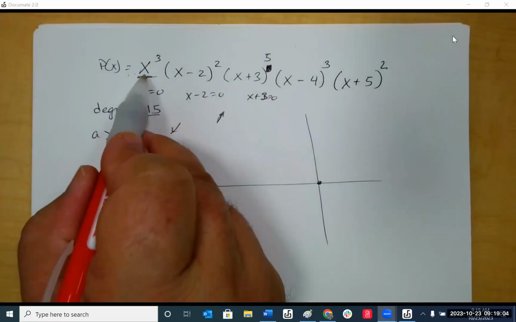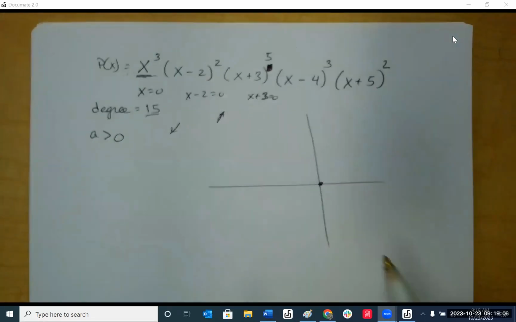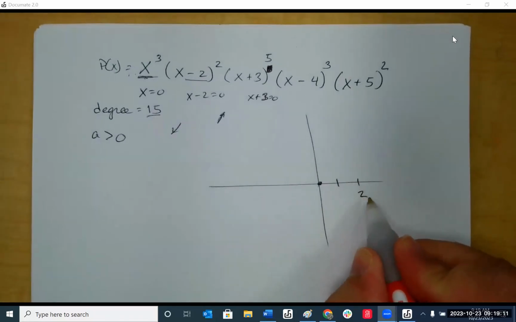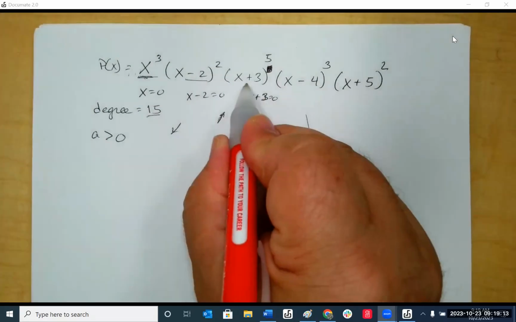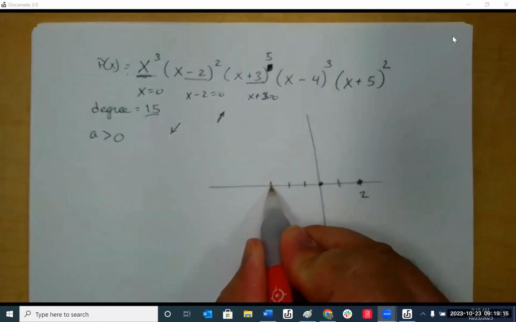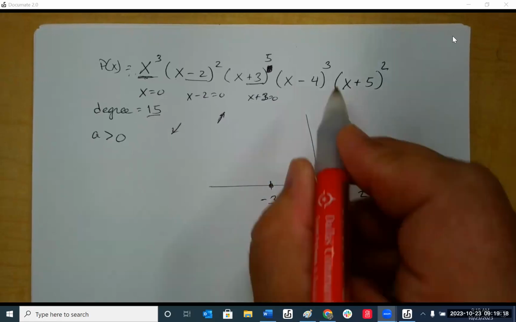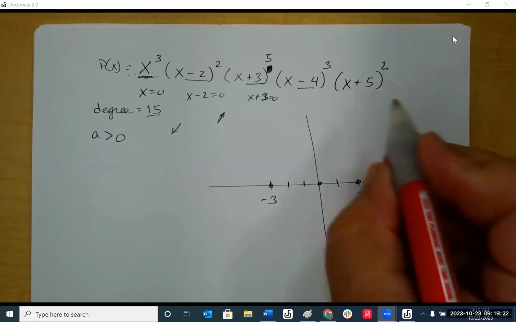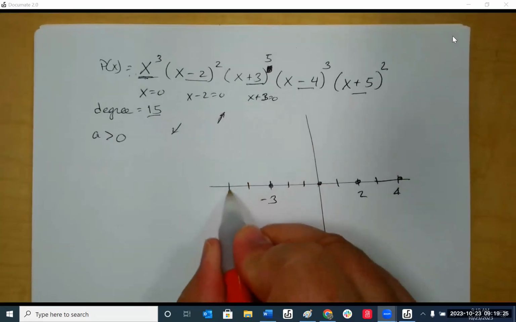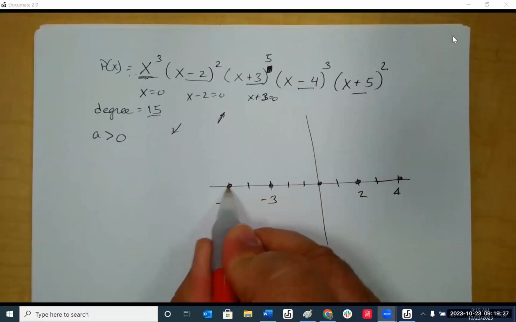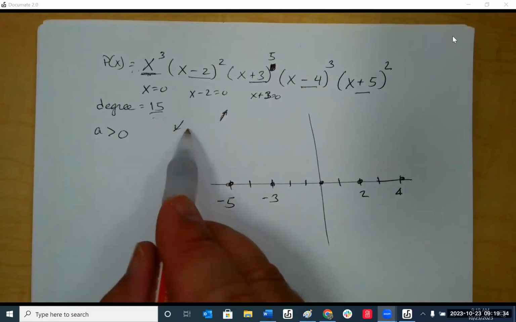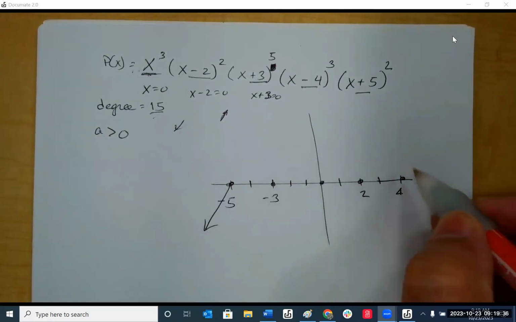So this one, since it's an x by itself, it's here in the middle. This one's going to be at +2. This one's at -3. +4. -5. That's the easy part. We also know since the degree is 15, that means the left side goes down, the right side goes up.